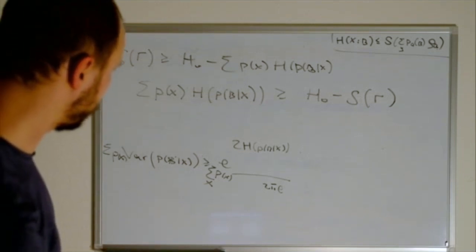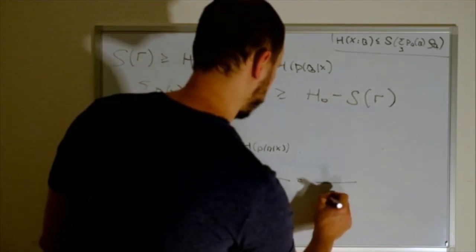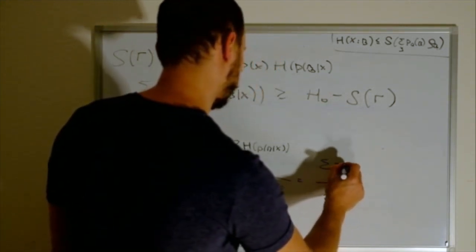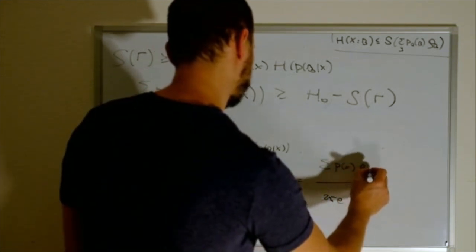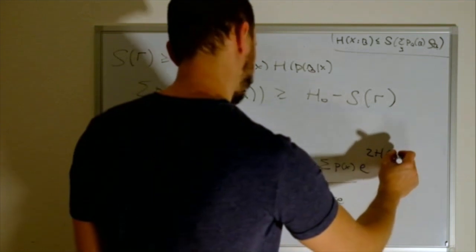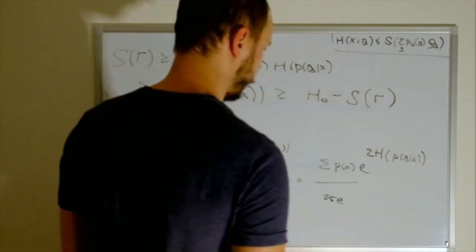Now what we want is to say that this thing is the sum of p of x exponential of 2H of p of b conditional to x, over 2 pi.